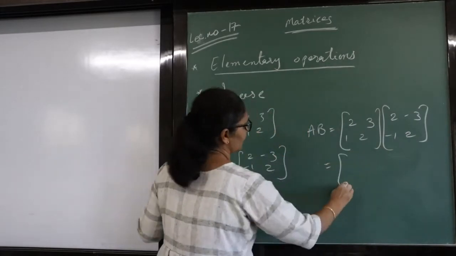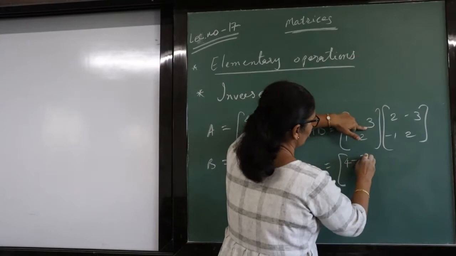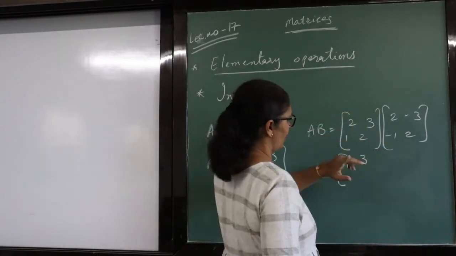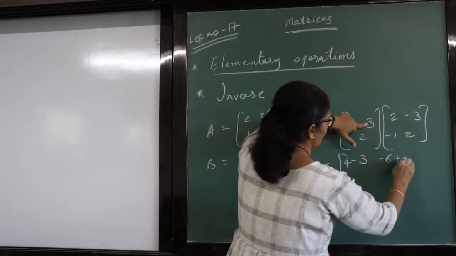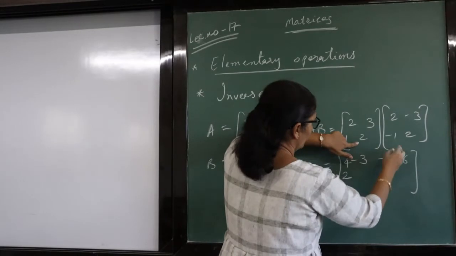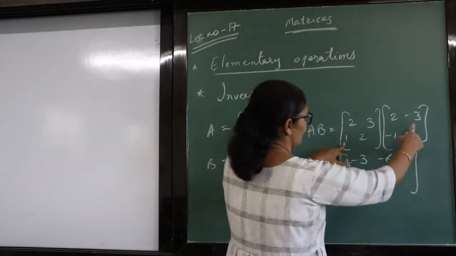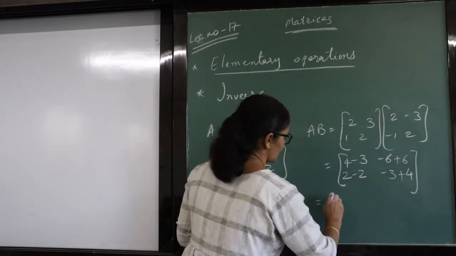Now let's multiply. 2 twos are 4 and 3 ones are 3 with minus sign, so minus 3. 3 twos are 6, with the minus sign minus 6, and this will be plus 6. Similarly 2 ones are 2 and minus 2 is 0, and minus 3 plus 4.